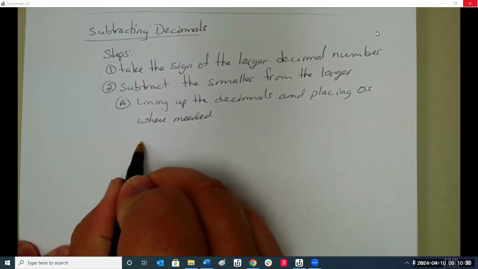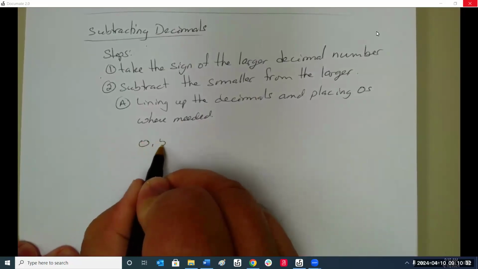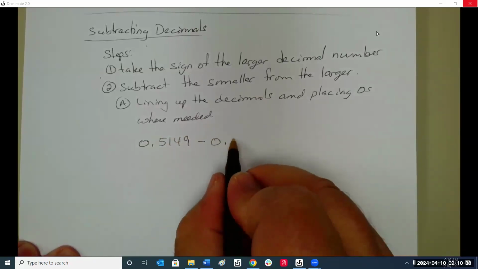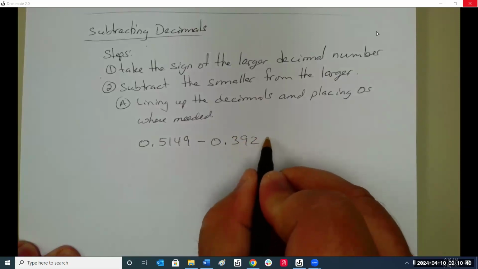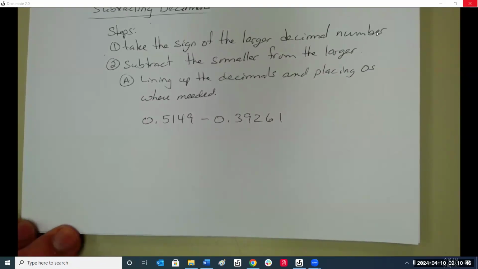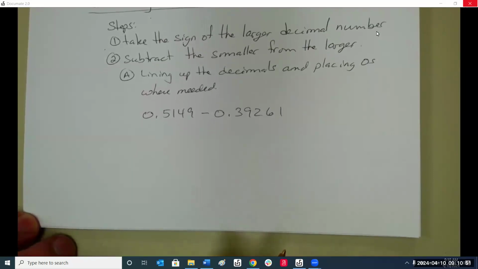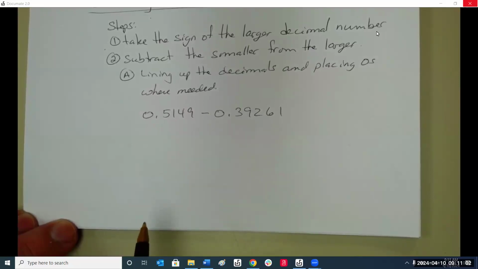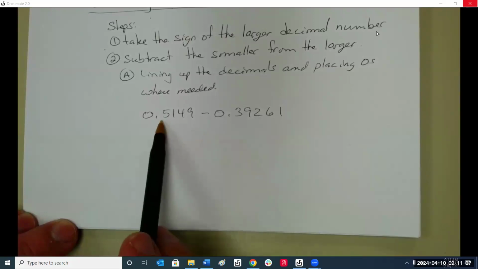For example, 0.5149 minus 0.39261. So first step, which number is bigger, the 0.5 or 0.3? 0.5, and it's positive.